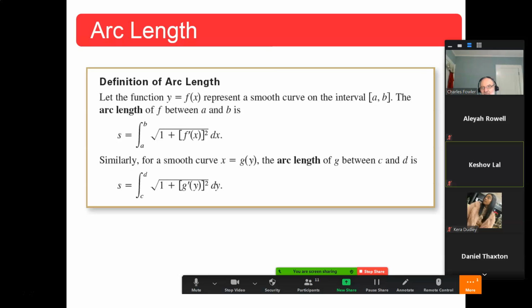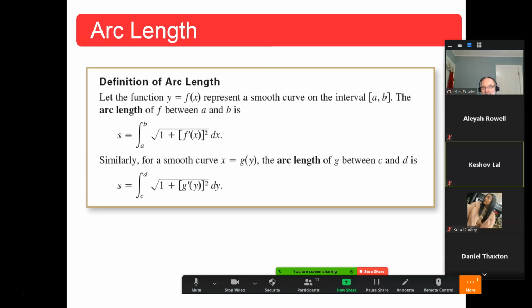Similarly, for a smooth curve where x is a function of y, g of y, going the other way, the arc length of g between y equals c and y equals d would be the integral from c to d of the square root of 1 plus g prime of y squared, times dy.